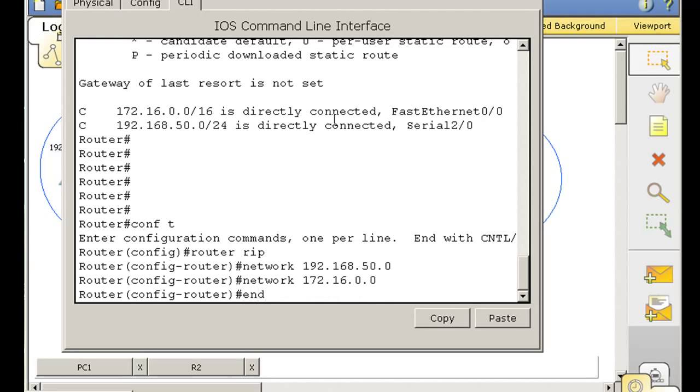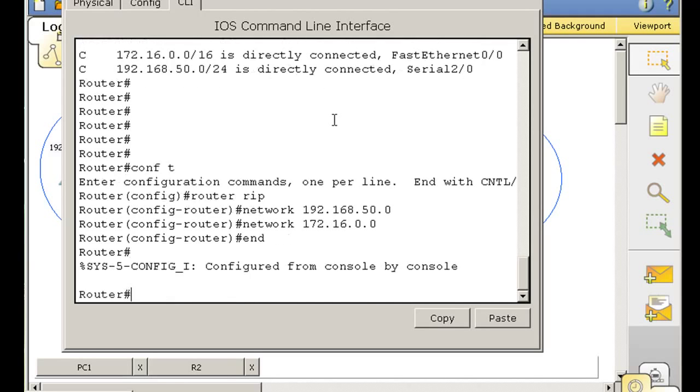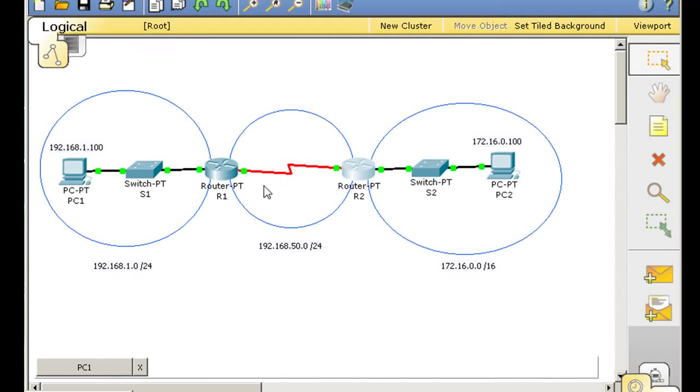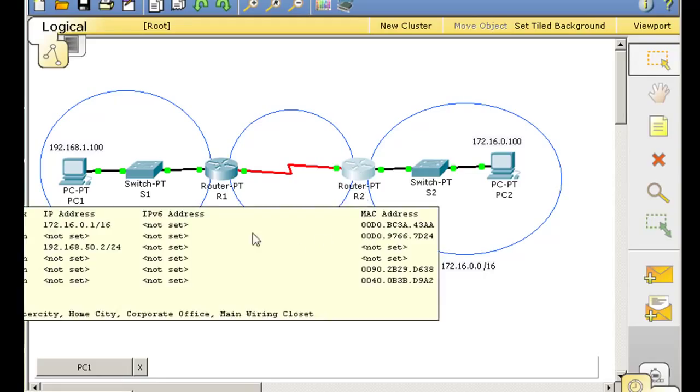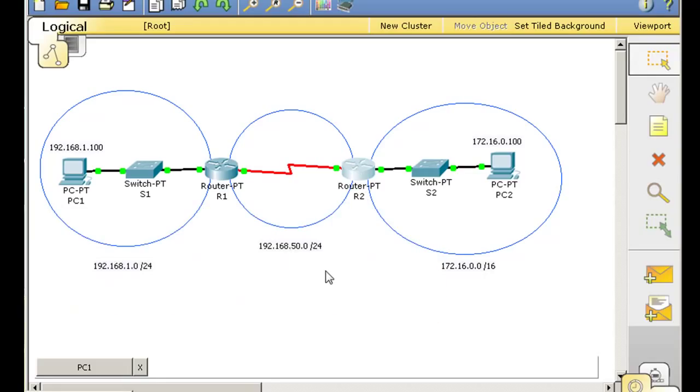Okay, and then hit end. All right. Now, both routers are exchanging RIP updates out of their interfaces, and shortly we should see that the routing tables change.